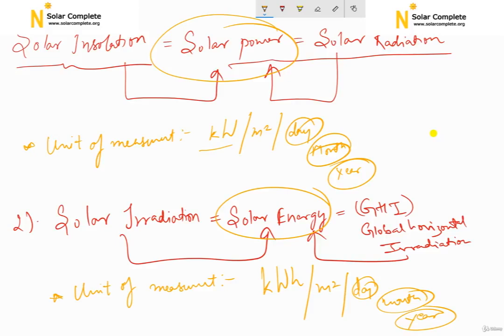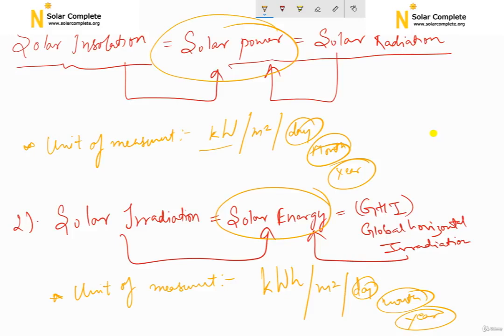Whenever we are not attaching the time interval with power, it doesn't become energy. For a very simple example, in our home we consume power, like 1 kilowatt, 2 kilowatt. But when this consumption is measured over a time interval of 1 month, it becomes energy. So that's why we get electricity bills in terms of energy units consumed.